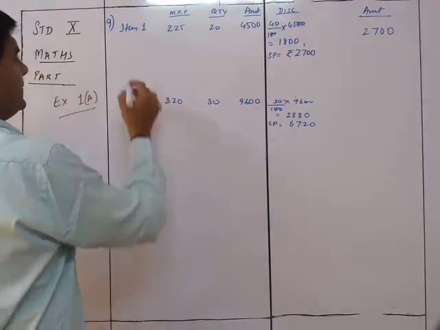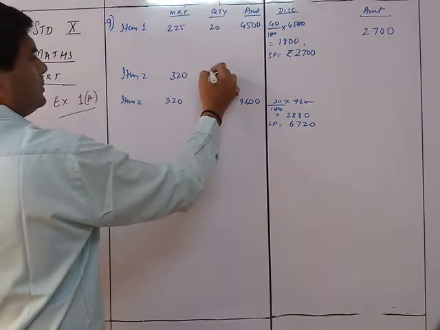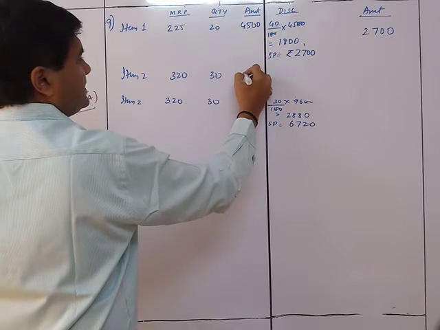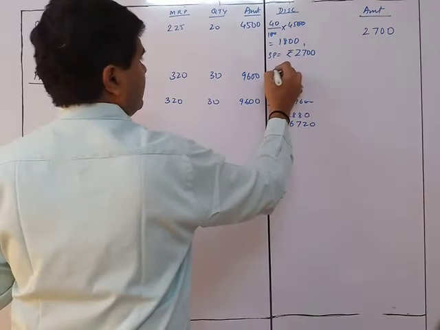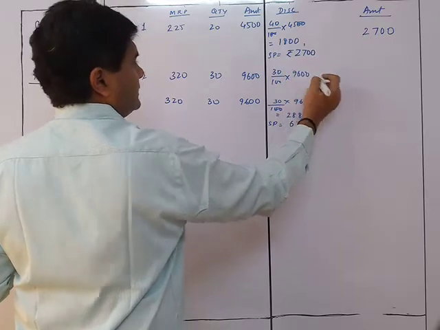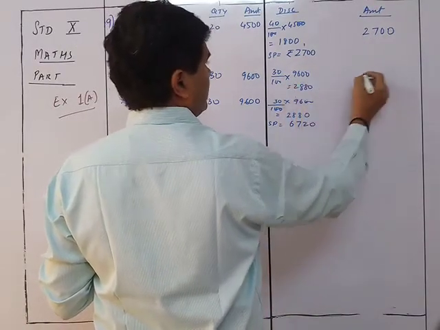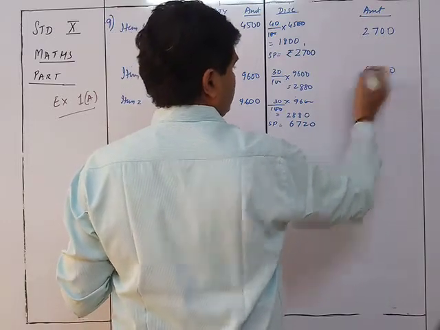So item 2 is 320, 30, that is 9600, and then 30% discount gives me the answer as 2880. So it will be 6720.